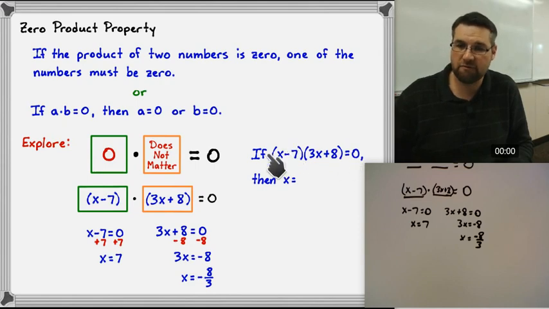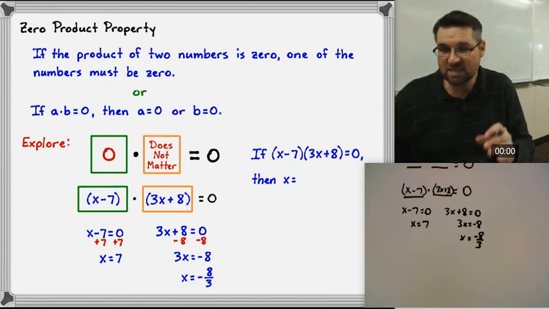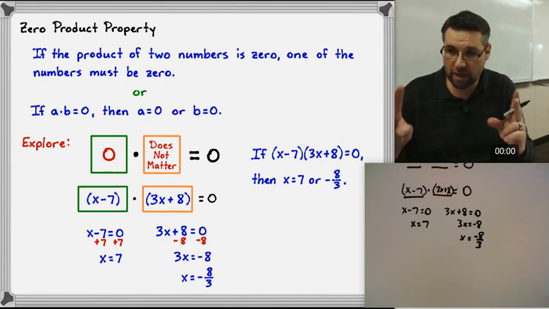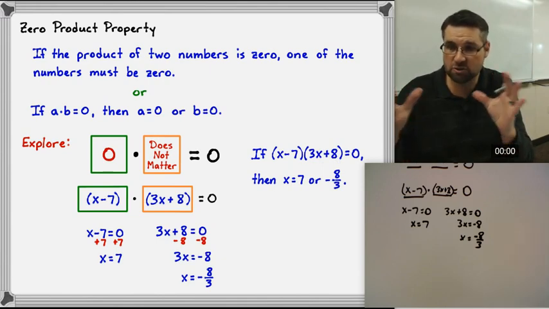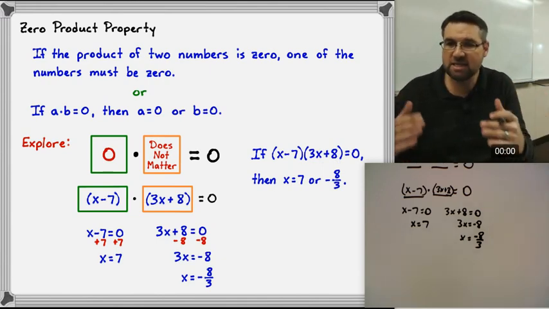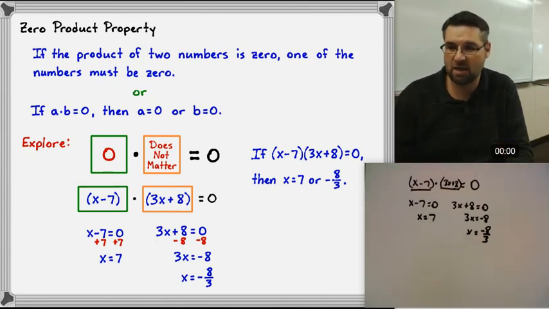That means either the first term is 0 or the second term is 0. So we set the first one equal to 0, and we got 7. We set the second one equal to 0 here, and that's where we got negative 8/3. So that means x could be one of two answers. One of those answers is true, so we say both of them. x is 7 or it's negative 8/3, one or the other, okay?